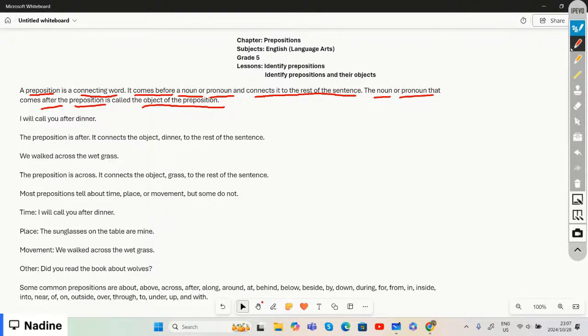And we say that the noun or the pronoun that comes after the preposition, we call that the object of preposition. If we look at an example, it says, I will call you after dinner.